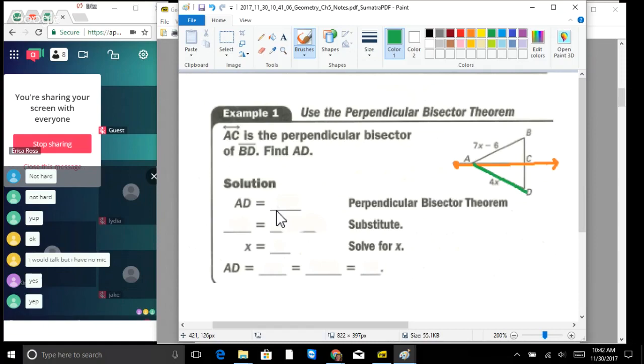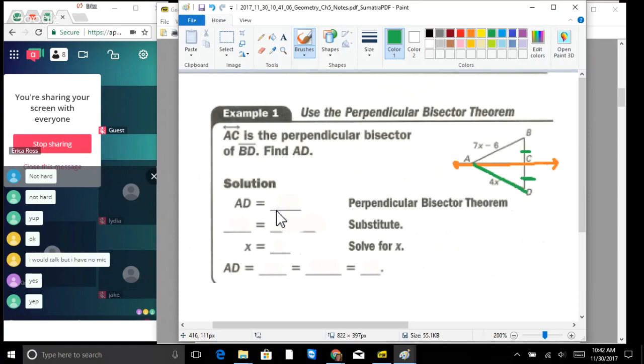So let's talk about this. In a plane, if a point, sorry, let me start back here. So let's talk about this. We know that AC is a perpendicular bisector. So for sure, the distance between BC and CD is congruent to each other.